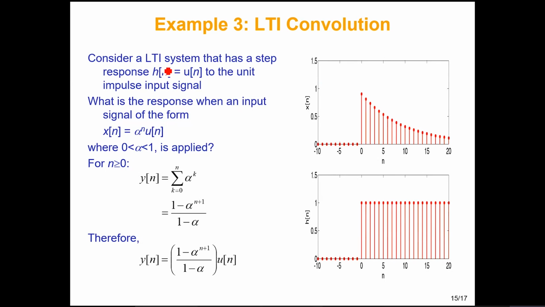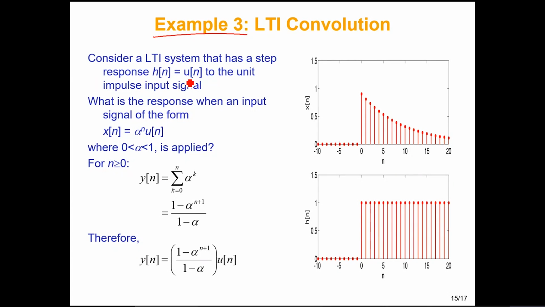We saw if your h of n and x of n are finite, then it is very simple. Now what happens if your h of n or x of n, any one or both, are infinite? The example here shows that both of them have an infinite number of impulses.